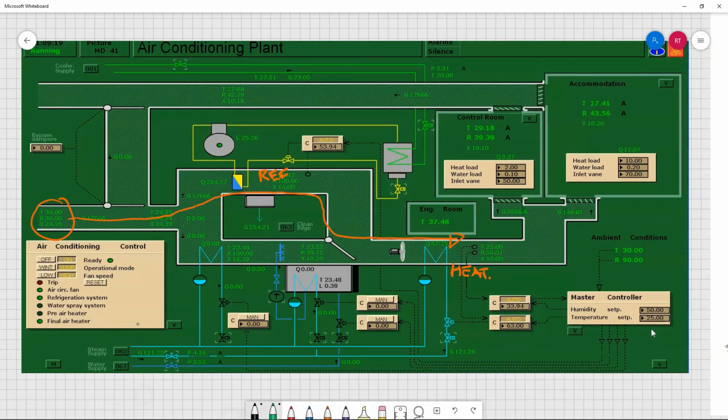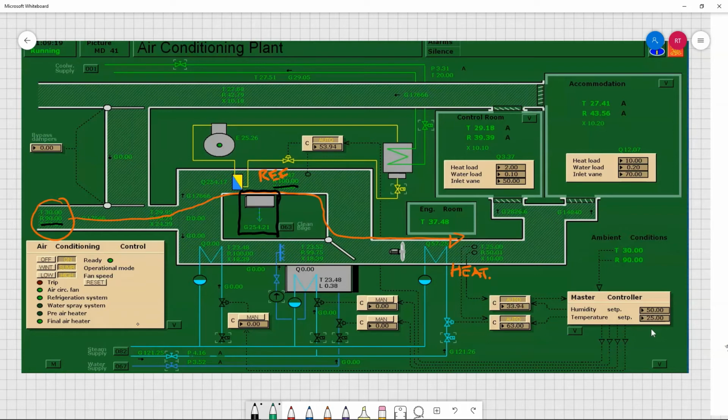Even though I went from a relative humidity of 90 to 100 after the evaporator, that's actually where my moisture is being removed. Okay, so we're just going to note that I have this section here, which is a measure of water that is coming out of my system.